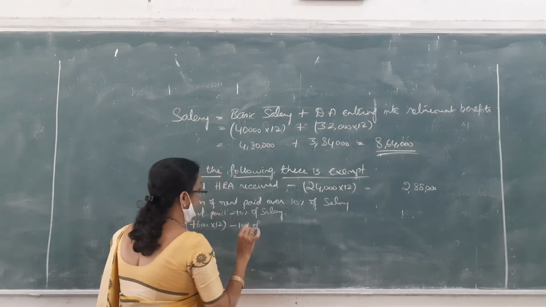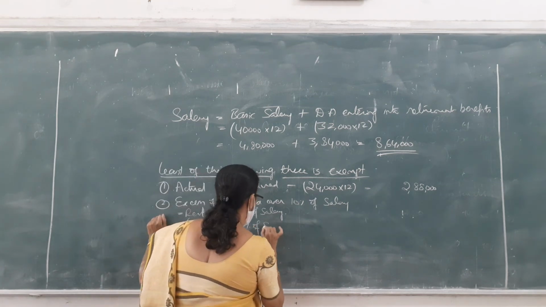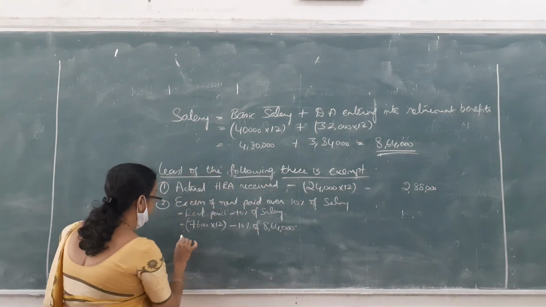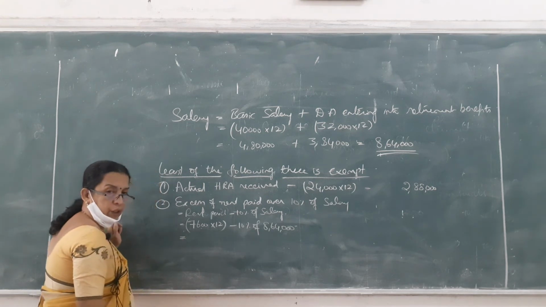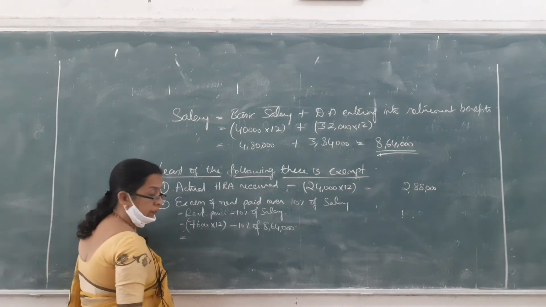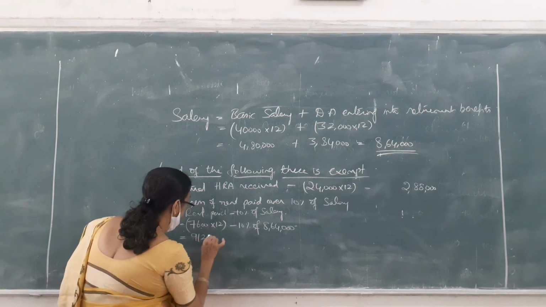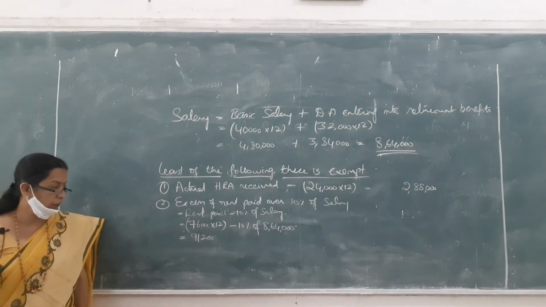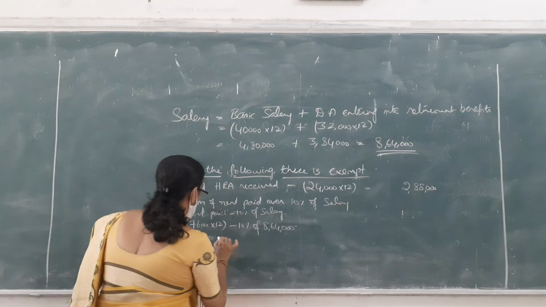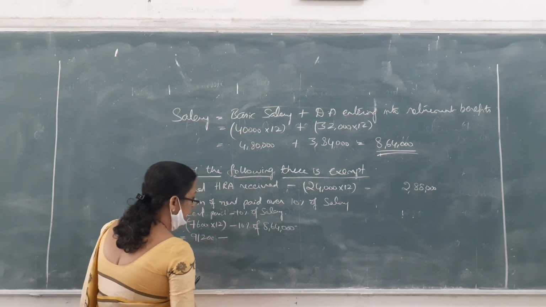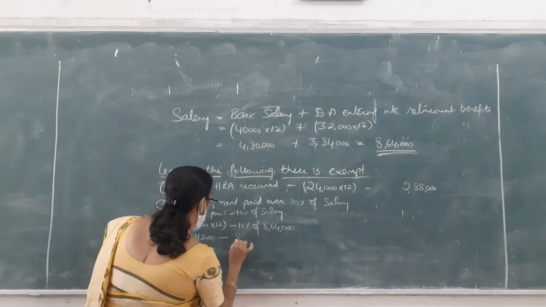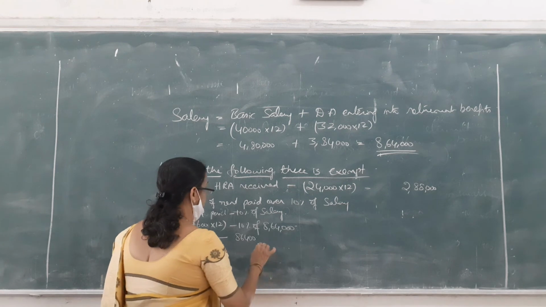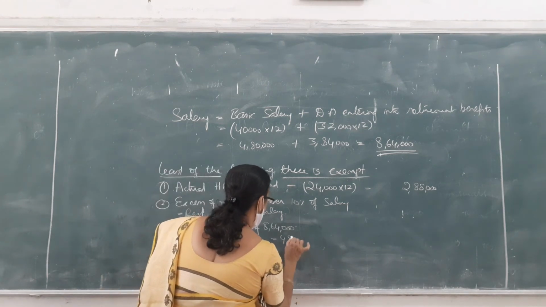The salary is 8,64,000, so 10% is 86,400. 91,200 minus 86,400 is 4,800.